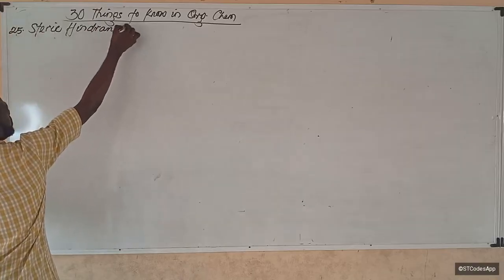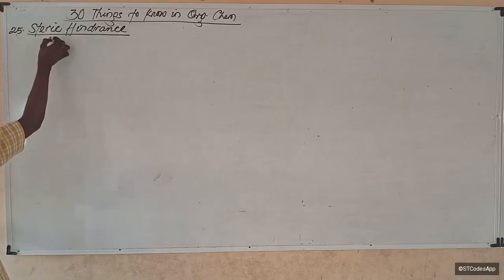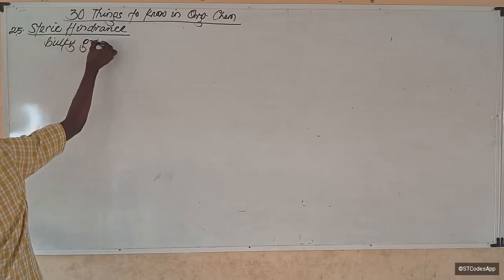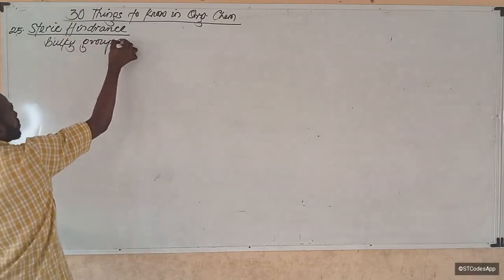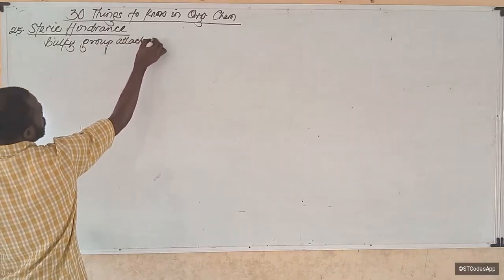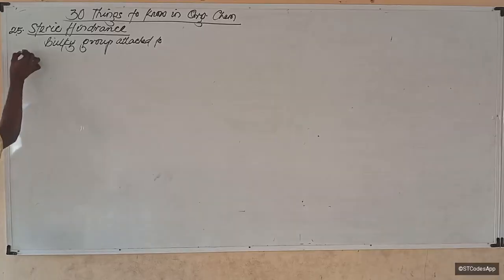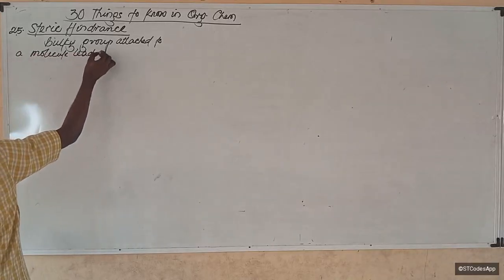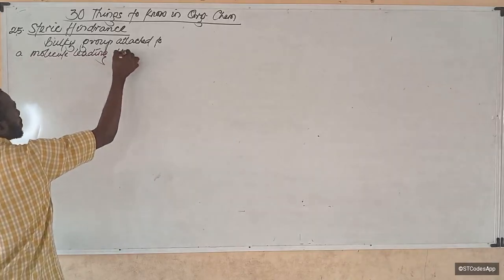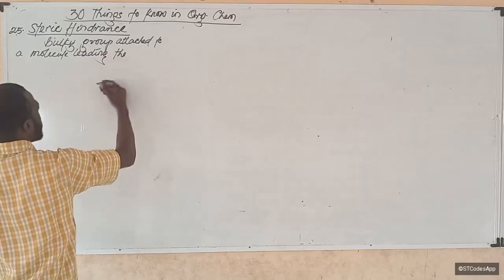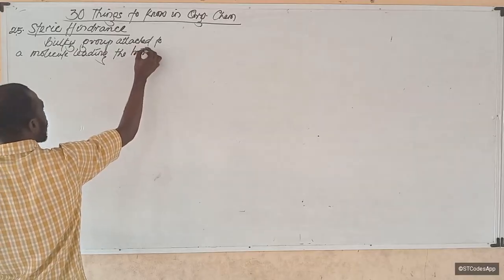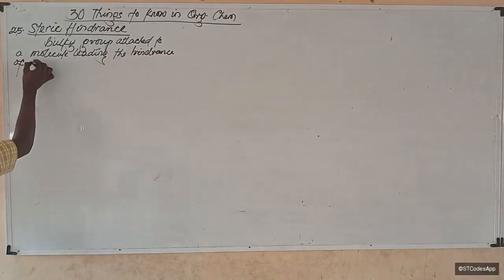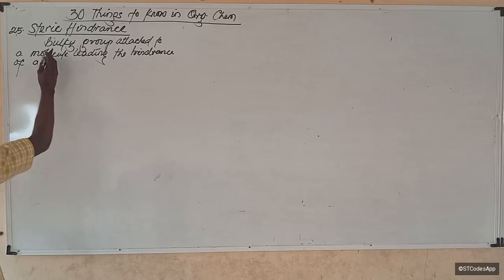Now steric hindrance is basically when there is a bulky group attached to a molecule, leading to the hindrance or opposition of approaching groups.